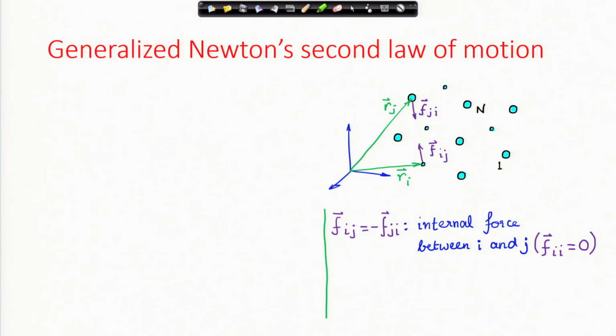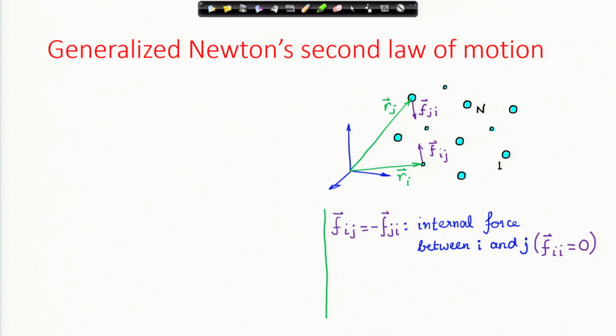Then we say F_ij, and F_ji similarly is the force on the jth particle due to the presence of the ith particle. These forces, because of Newton's third law, are equal and opposite. They are called internal forces between particles i and j. There is no self force, that means the ith particle does not apply any force on itself.